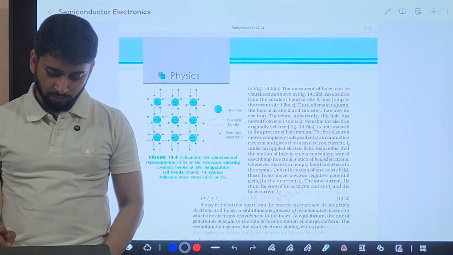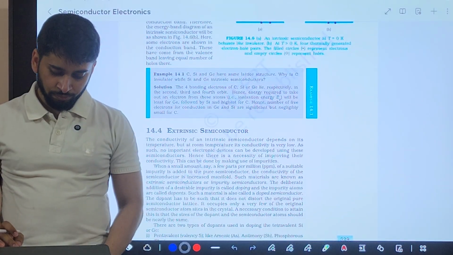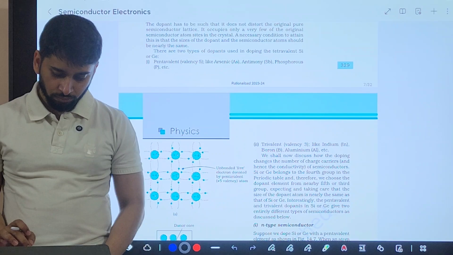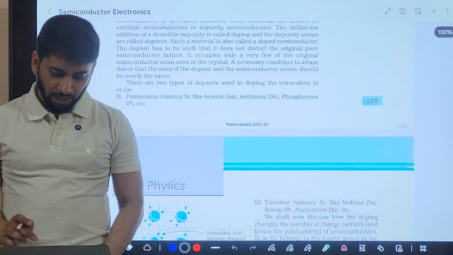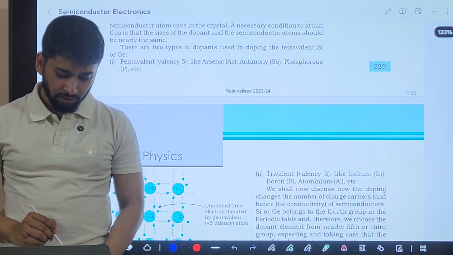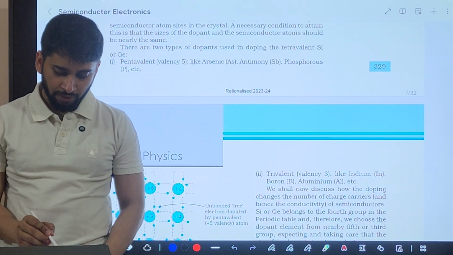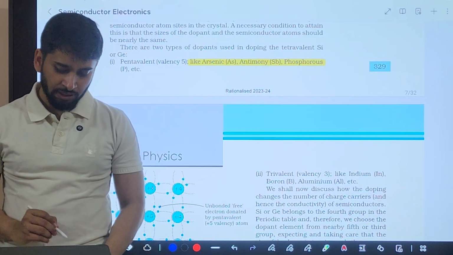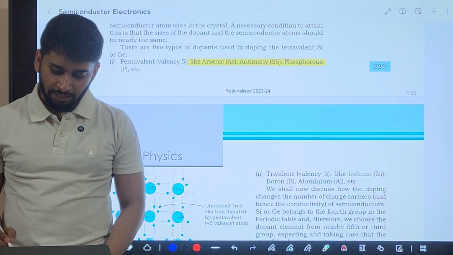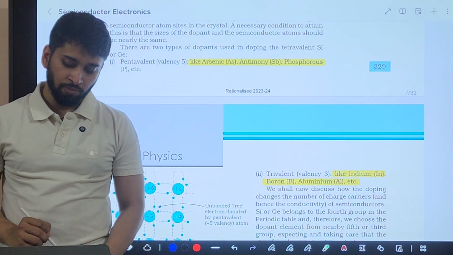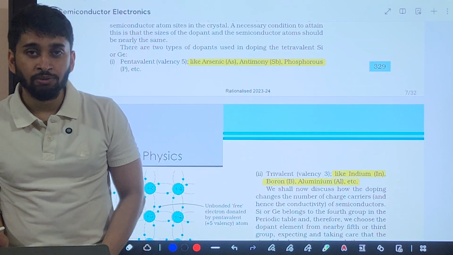And for P type, what do we use? So you have the pentavalent atoms: phosphorus, arsenic, antimony and phosphorus are the pentavalent atoms. Trivalent are indium, boron and aluminium. These are the trivalent. For P type, these are the ones that we'll use; for N type, the pentavalent.